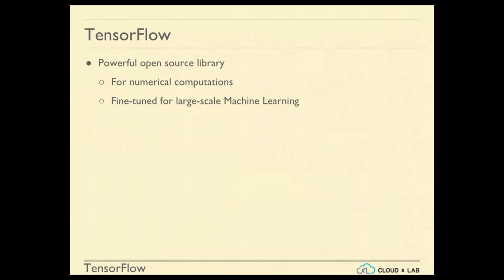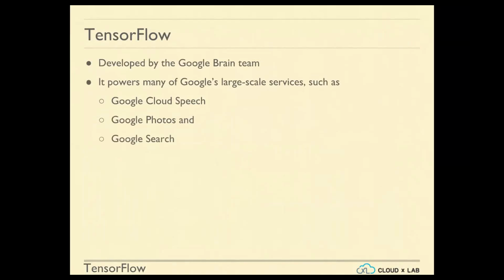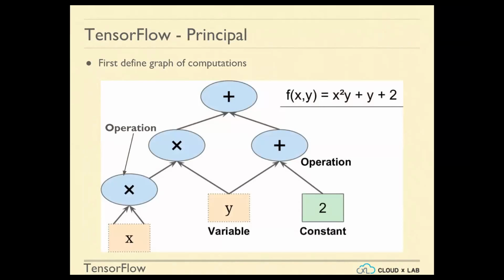Okay. Now, TensorFlow, we have already talked about. It's for numerical computation. It's fine-tuned for large-scale machine learning. It was done as part of Google and is being used everywhere around the world. Before TensorFlow, there were other libraries for doing the same thing.